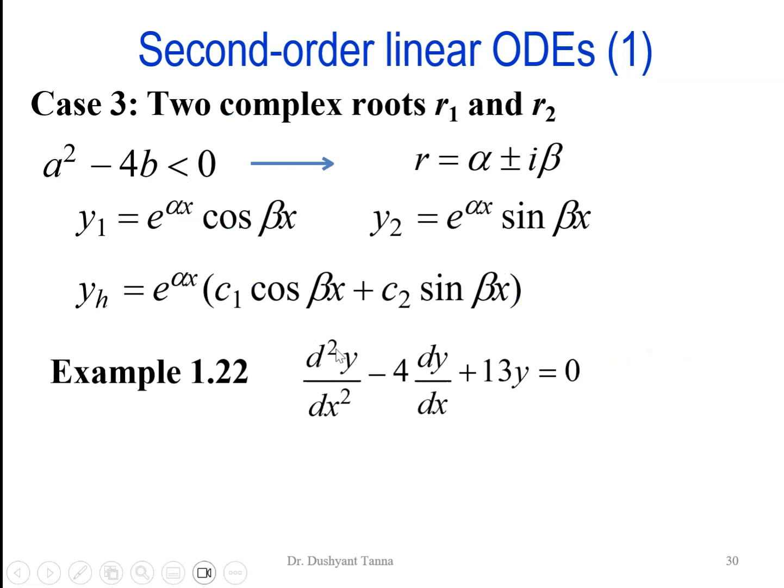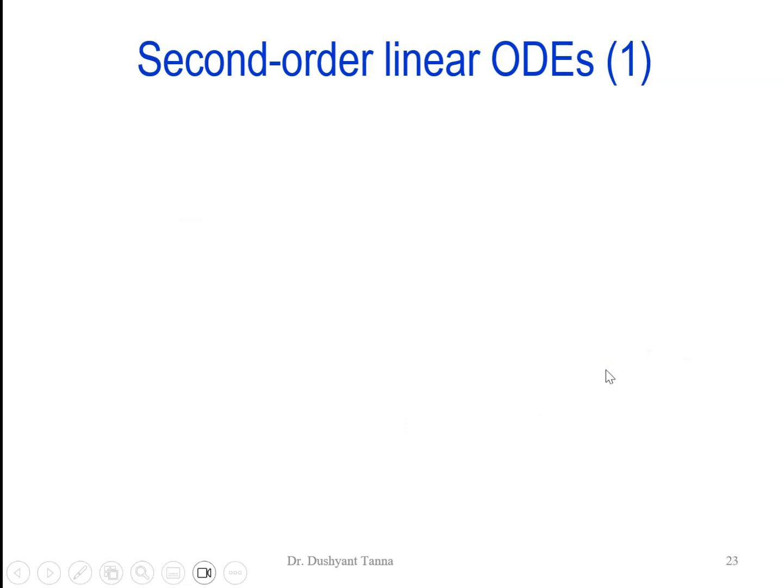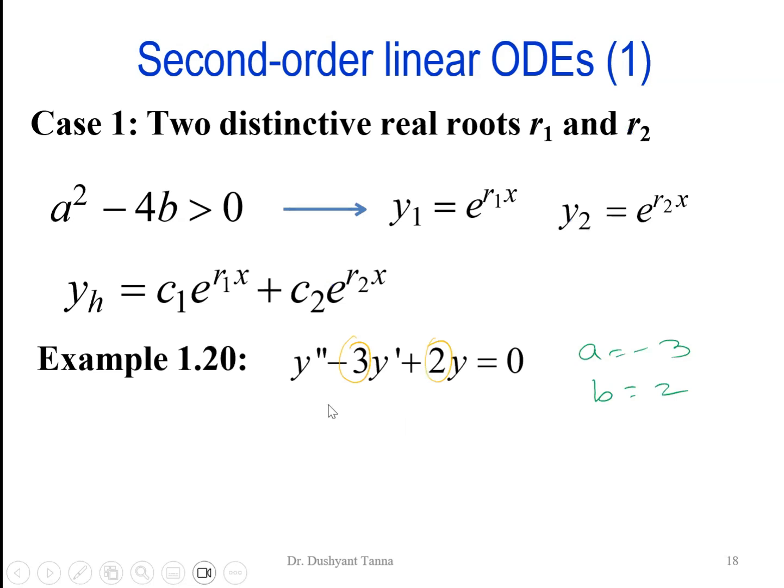Obviously, the question will only say find the solution, find the solution given the condition. So get rid of c1, c2 as well. FYI, this question is on page 36 of the prescribed book. So what we do, we got a and b. Now we form the equation. What was the equation? r squared minus 3r plus 2 is 0.